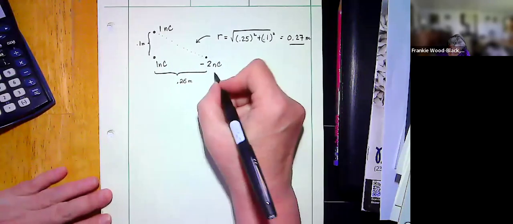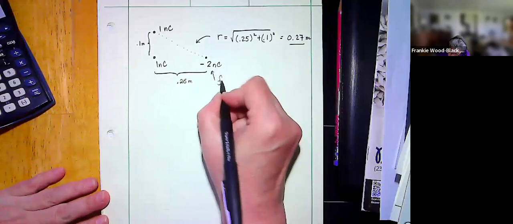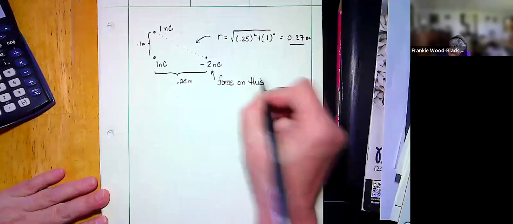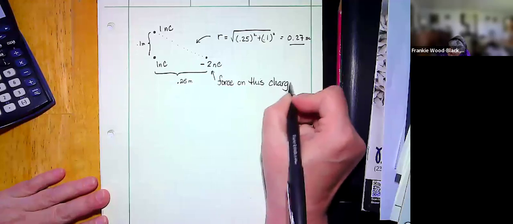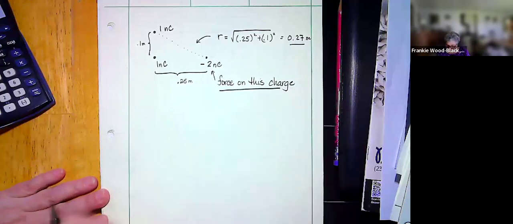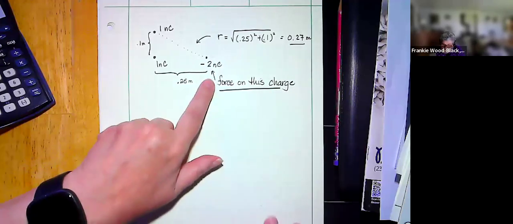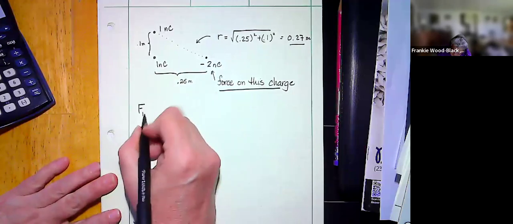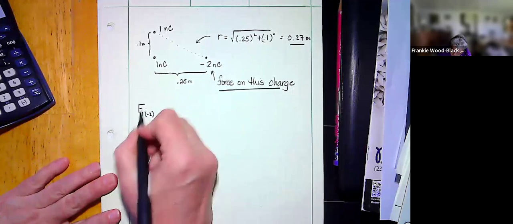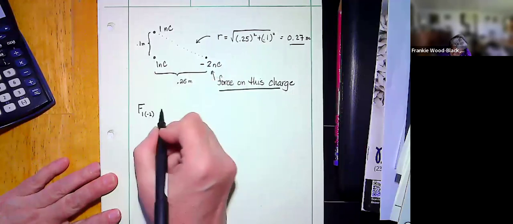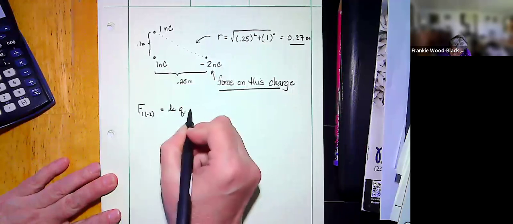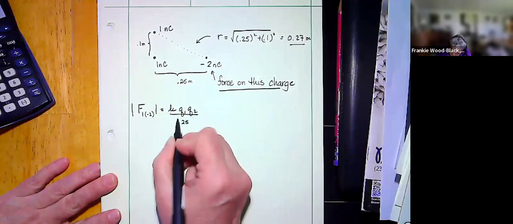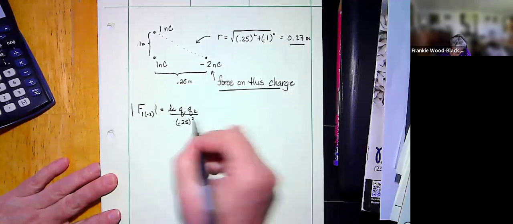Now we're going to find the force on this charge. That's what we're looking for, is the force on this charge. Now we already found the force between the 1 and the -2 nanocoulomb charge. And this was our K, Q1, Q2, and this is the magnitude, over 0.25 squared.